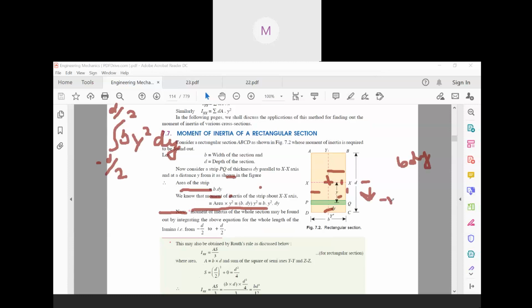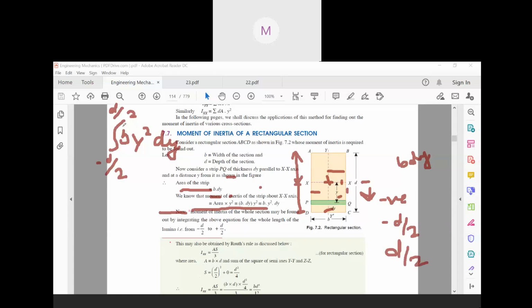Negative, right? That means even if this is d by 2, we'll have to write it as minus d by 2. And here it is d by 2, so we'll write it as just d by 2. Okay, as simple as that.